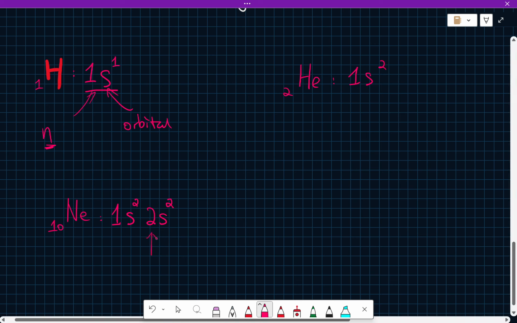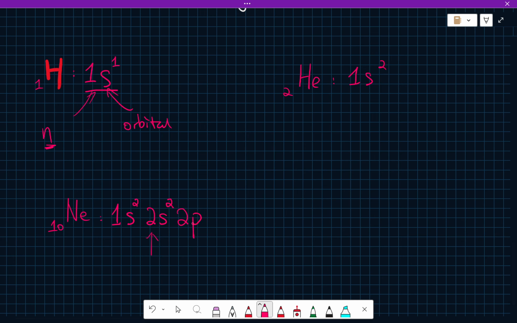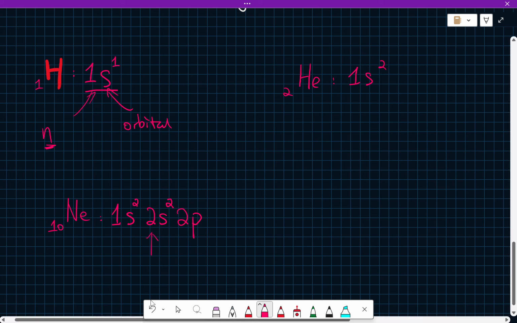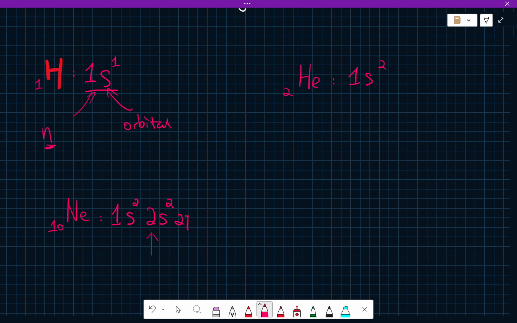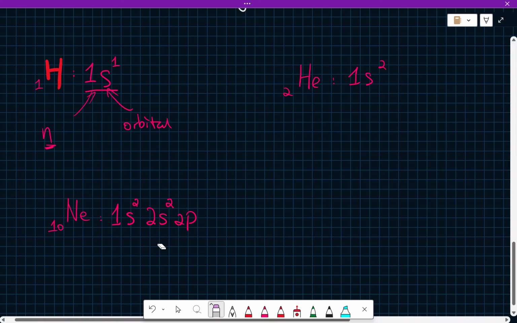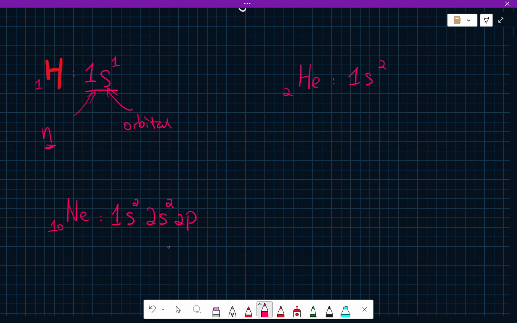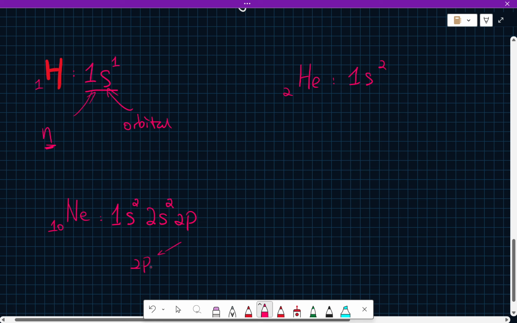Now, since we're into the second energy level, we can have p orbitals as well. So we would put 2p here. And remember, for 2p, we actually have 2px, 2py, and 2pz.